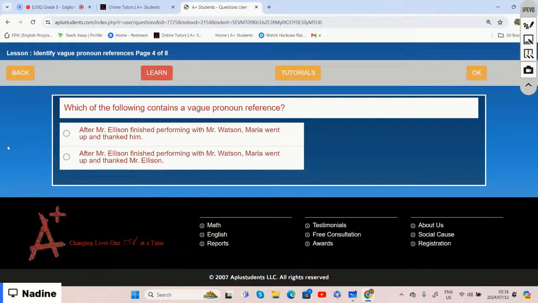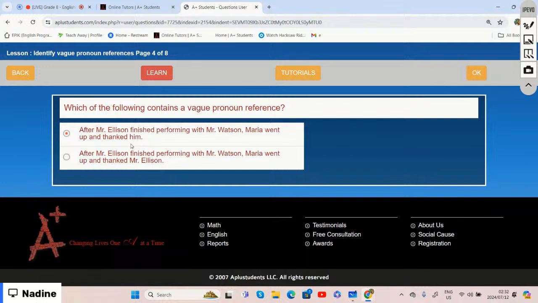All right. And if we were to choose the vague pronoun reference, we would say that after Mr. Ellison finished performing with Mr. Watson, Maria went up and thanked him.